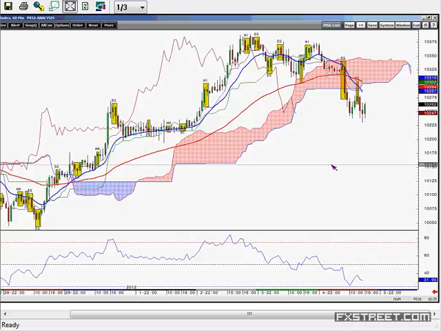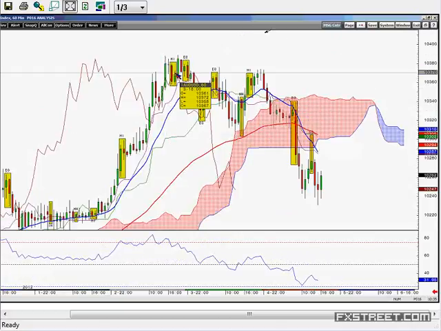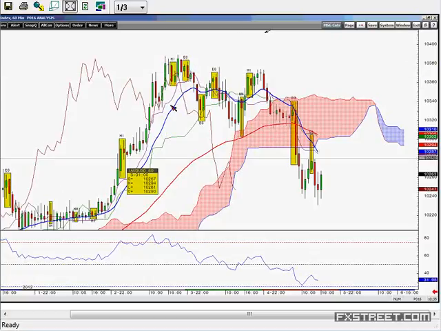It's a little bit expensive, but one of the greatest features that I like on it is these highlighted chart formations. So here you've got an inside candle, engulfing pattern, inside candle, engulfing. So it's quite good for the lazy trader, if you like.